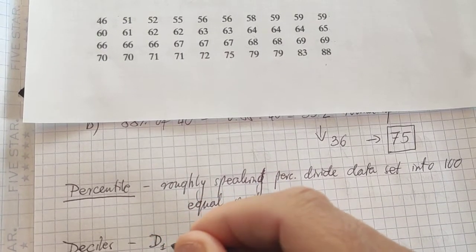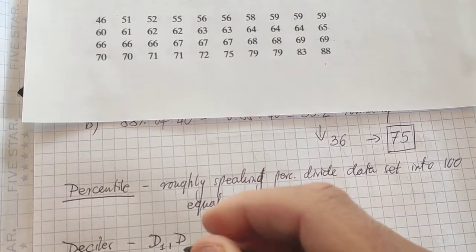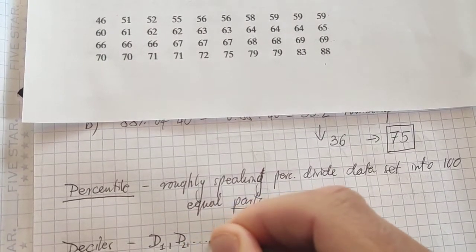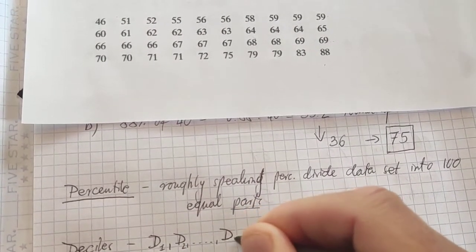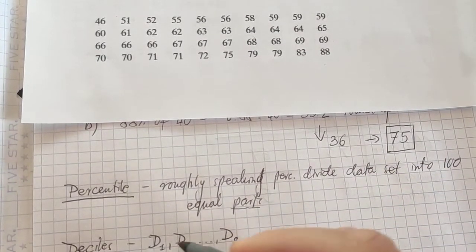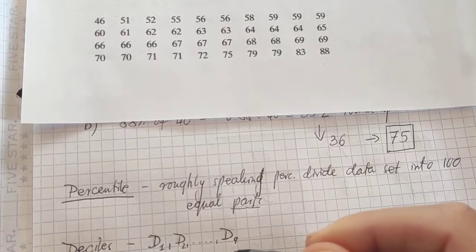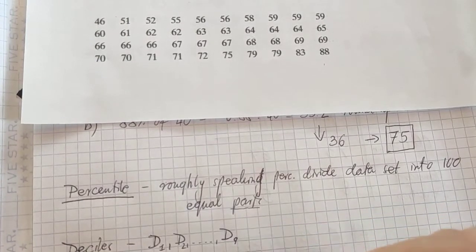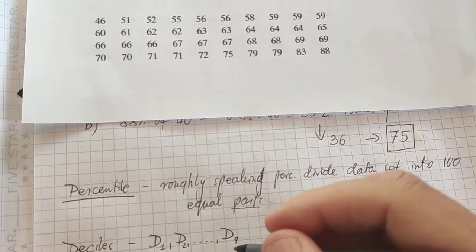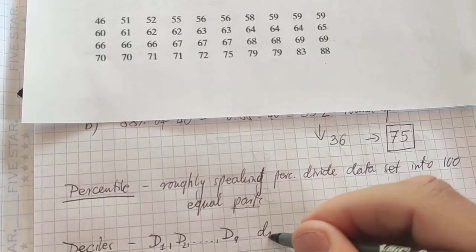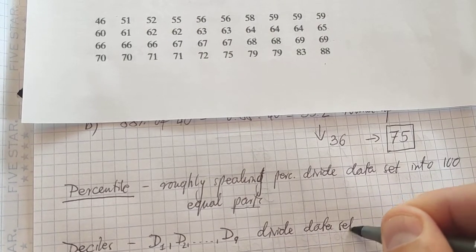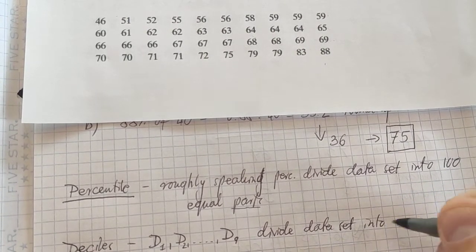So D1, D2, through D9. These will be those threshold items. You'll see that. I'll show it to you on the quartiles. So deciles divide the data set into 10 parts.